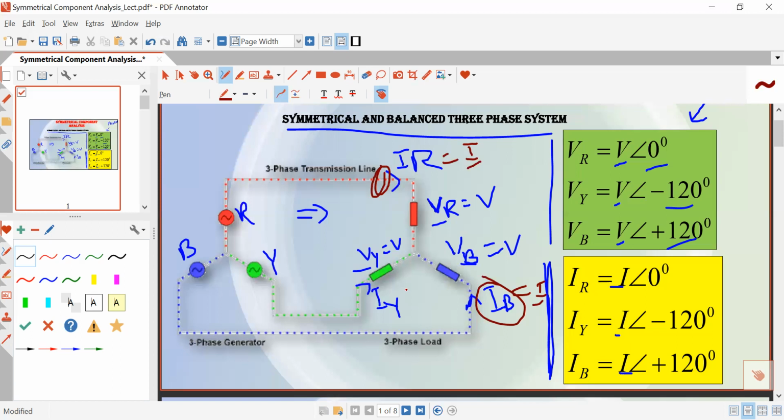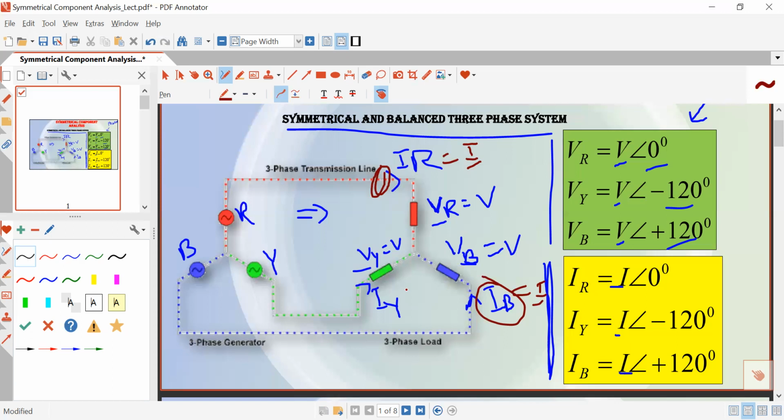So the calculation becomes complex. For a balanced system, you have to analyze only one phase. But for an unbalanced system, you have to analyze all of the three phases. So the calculation becomes tedious, complex. Now you have to estimate everything. You have to consider each of the phases to calculate power.